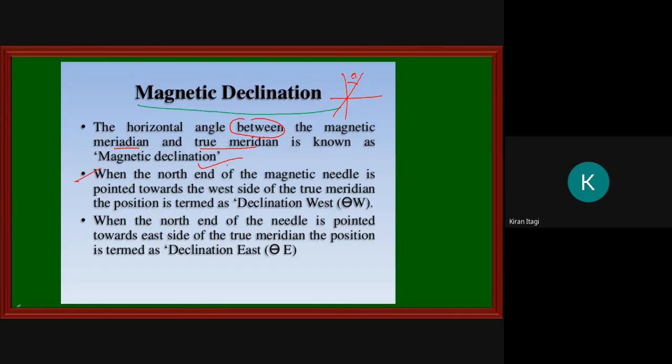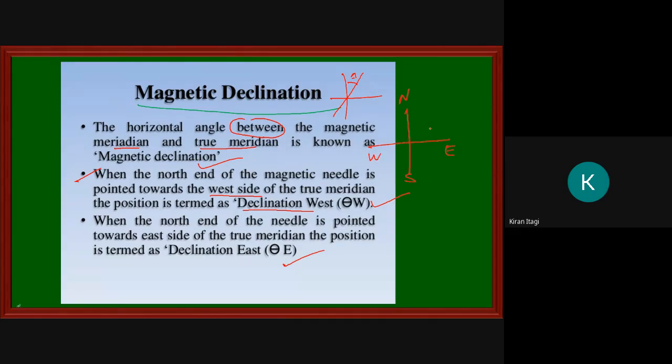When the north end of the magnetic needle is pointed towards the west side of true meridian, the position is termed as declination west. Okay, you will see declination towards the west and declination towards the east. If I draw the diagram like this, north, south, east, west.